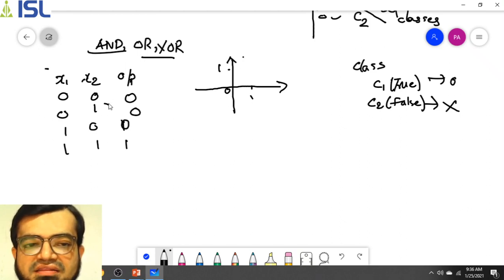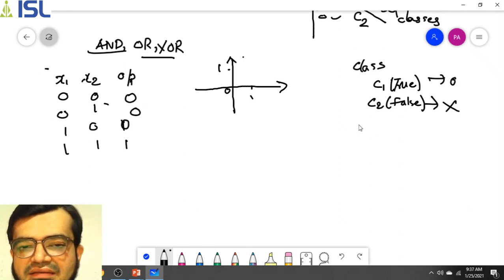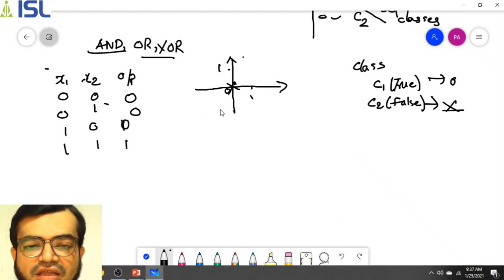Now 0 0 will give you 0 only, right? So 0 is false, so I take this as a cross mark. Similarly 0 1 again gives 0, which is false, so I have to use a cross here.